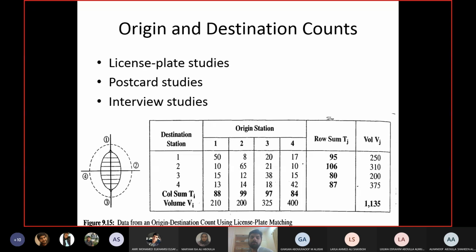In the postcard technique, I told you some drivers will not respond, or they will respond so late that you cannot consider them. Interview studies, as I said, take more time and so much work, you cannot cover the whole population. So in any case, this matrix cannot be considered as a full count of origins and destinations.